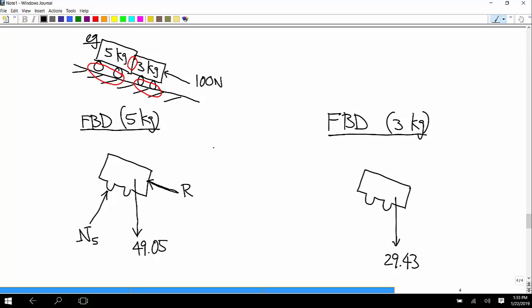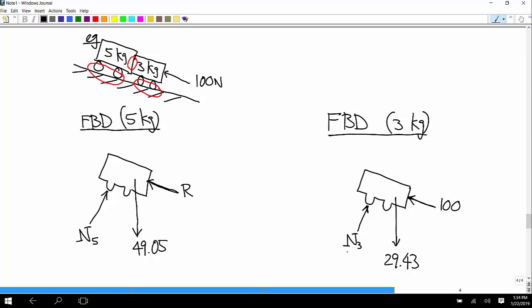And then the incline is pushing on the wheels, so perpendicular to the incline toward the chosen body. I'll call that N3. And then there's that 100 newton force, and we don't know what that's from. We're just told to put that in there, so that goes there.